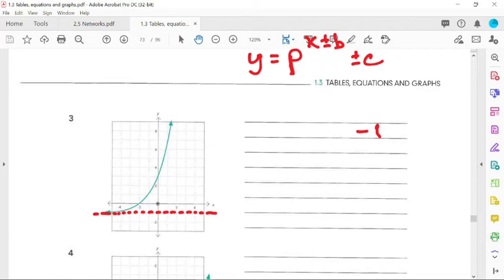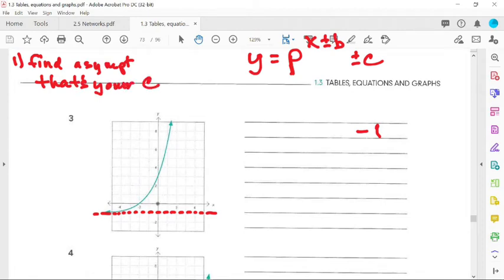Okay. Then, now we need to find out our B. To do that, okay, so first, find the asymptote. And that's your C. Okay? Whatever that value is.